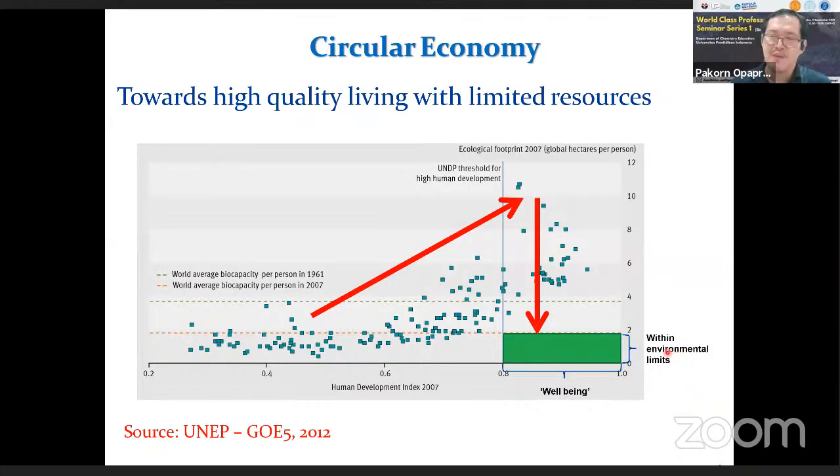If we can live a very comfortable life but produce only a small ecological footprint, like lower than 2, this can be a sustainable development for human society.